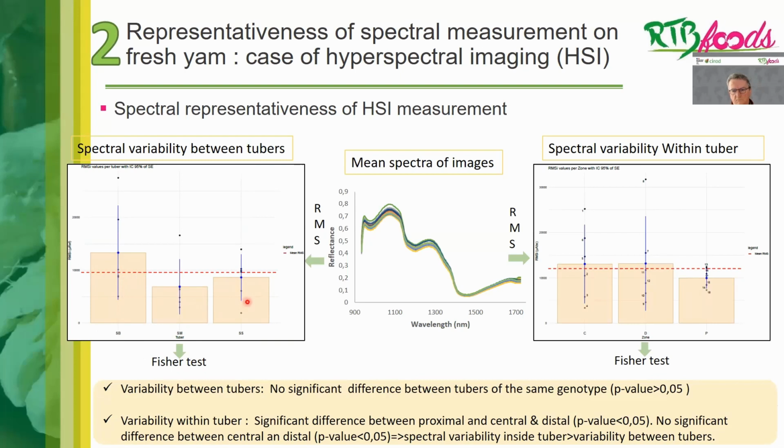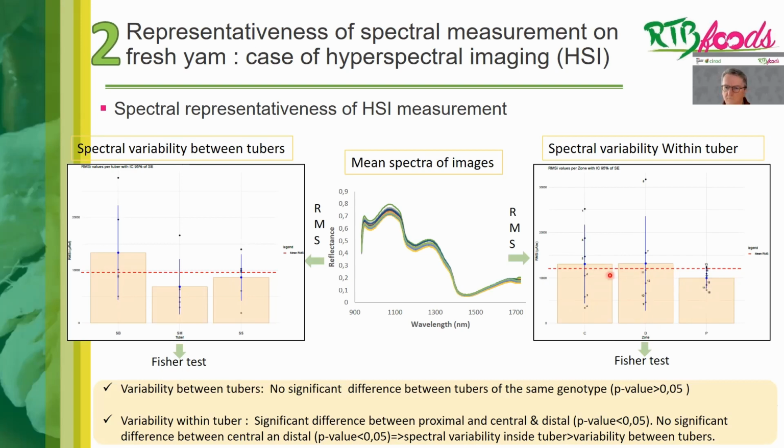Okay, and here on the right, these are the RMS values by zones. So here central, distal, and proximal. As you can see, the RMS values by zones for central and distal are close to each other.